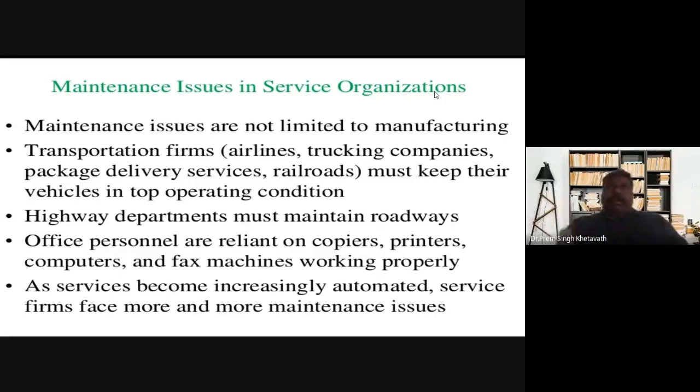Why? Because there was havoc, some 5 years ago on that highway. I think it caught fire and the people could not come out, everyone. So vehicles must be maintained in top operating condition.